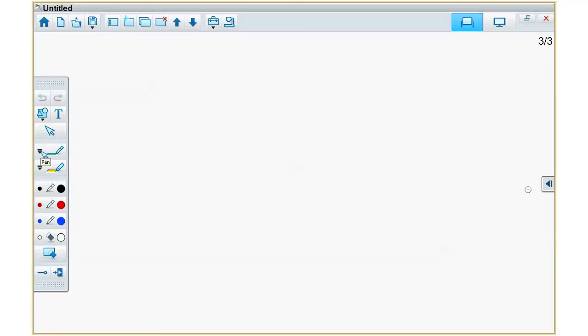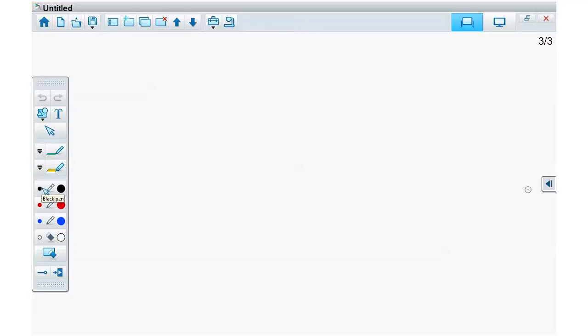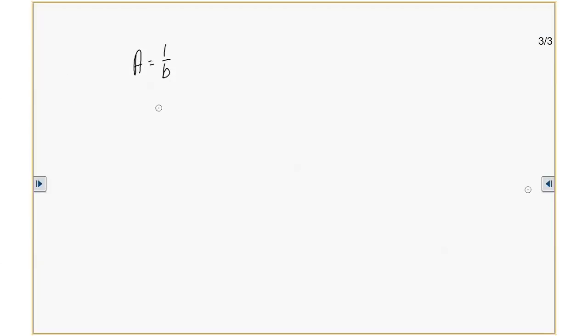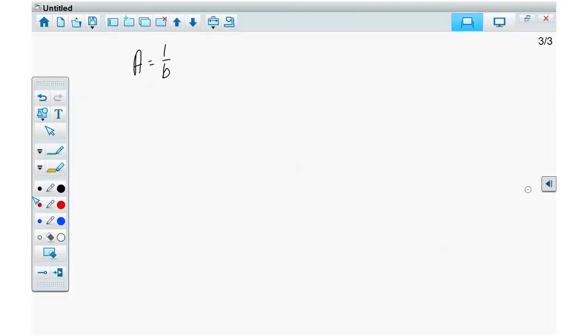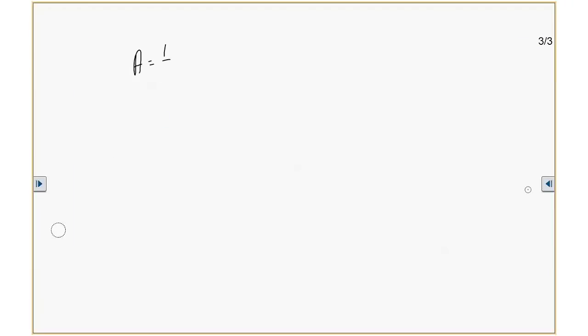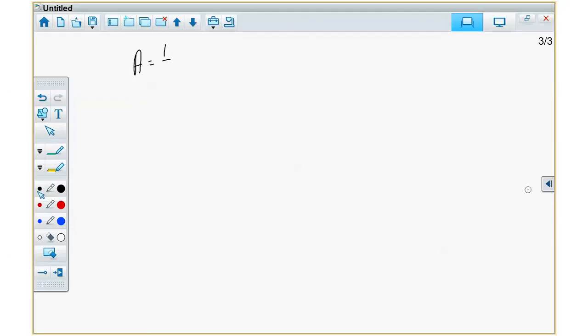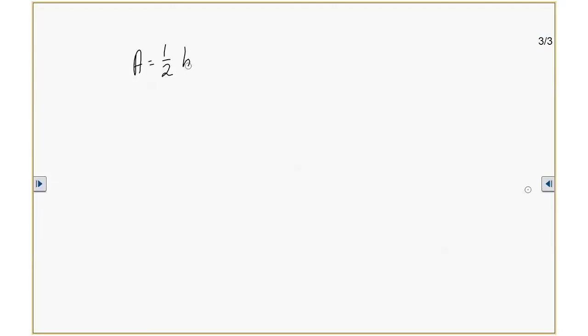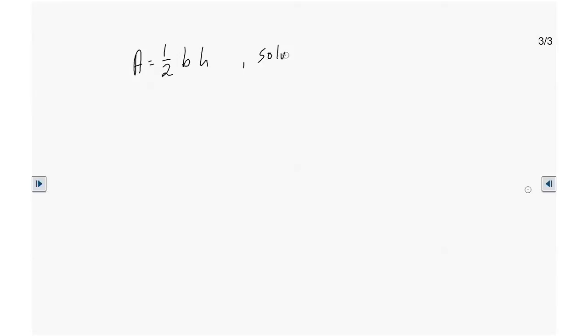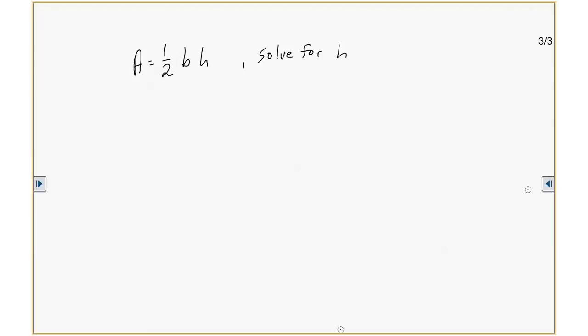So let's take a look at A is equal to 1/2 base times the height. And they're going to ask you to solve for H. Or solve for B. Whichever.